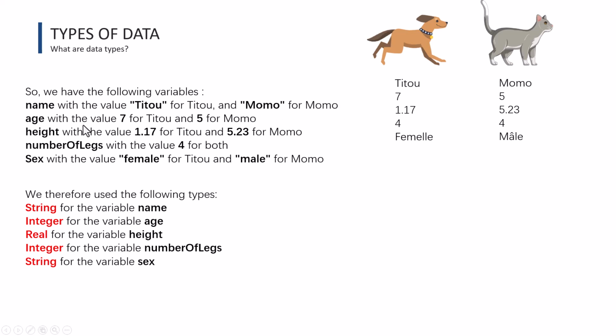For the variable age, we have the value 7 for T2 and 5 for Momo. For the third variable, height, we have the value 1.17, that is the height of T2, and 5.22, that's the height of Momo. And for the number of legs, we have the value 4 for both characters. For the sex, we have the value female for T2 and the value male for Momo.